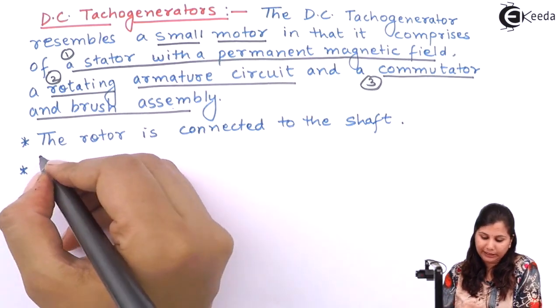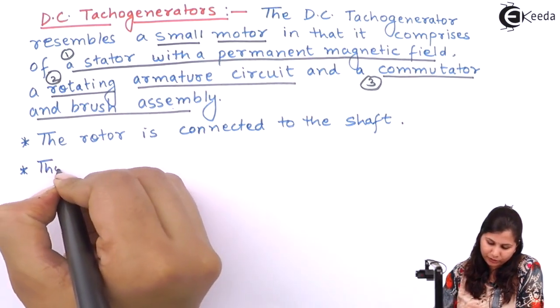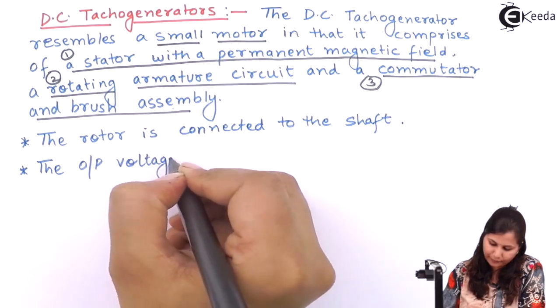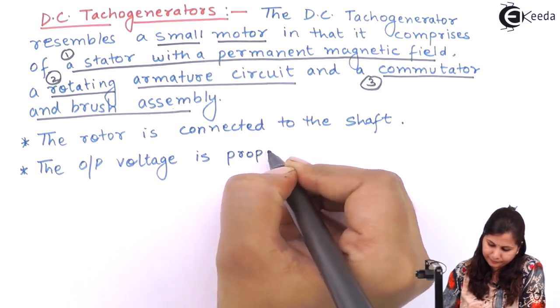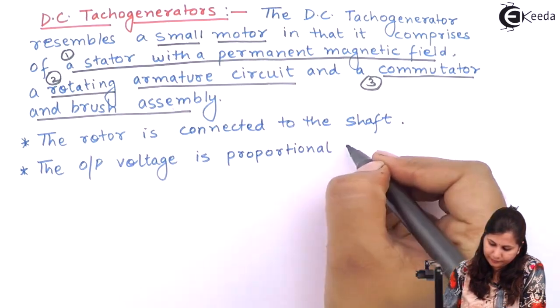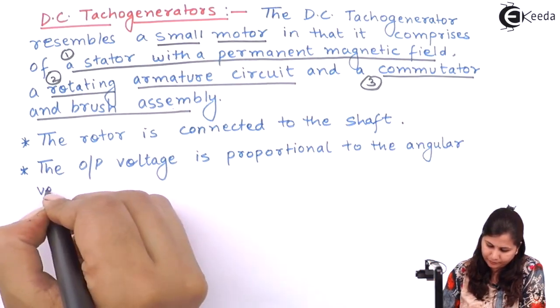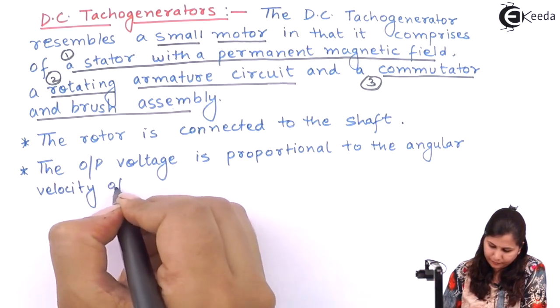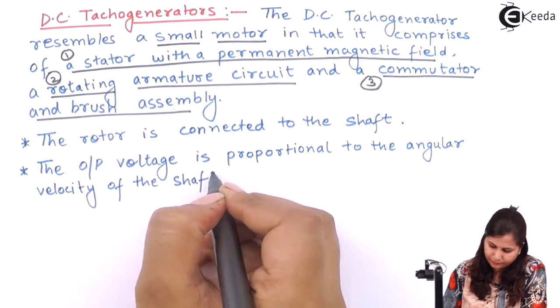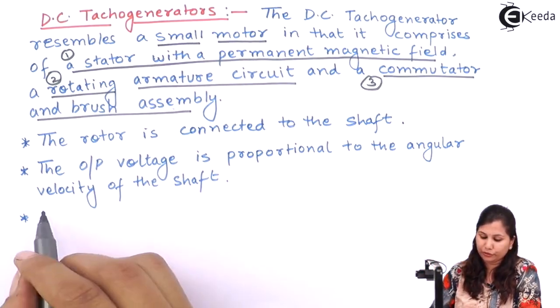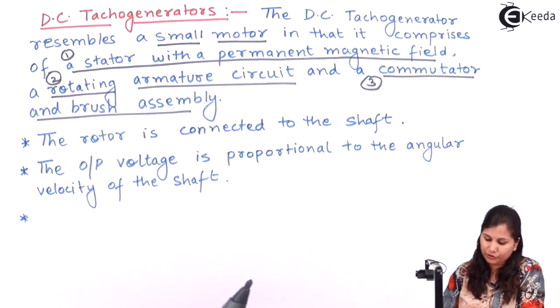Similarly in DC tachogenerators also, the output voltage is proportional to the angular velocity of the shaft.